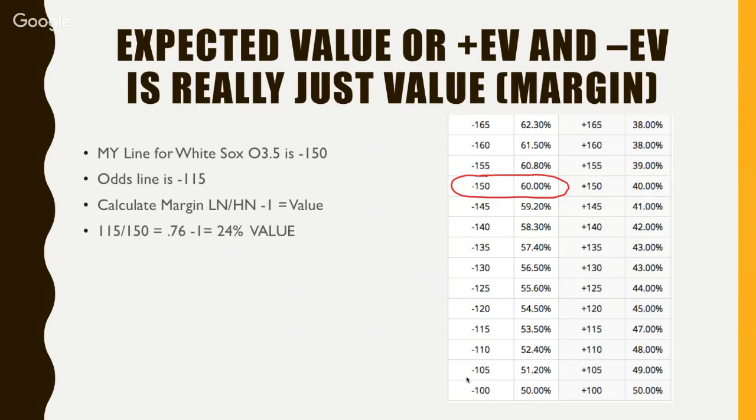The lower number is 115. So we divide 115 by 150. That equals 0.76. You subtract 1. So the value there, or margin, is 24%. Okay, pretty simple. So that's how we determine whether or not this is going to be a play or not.